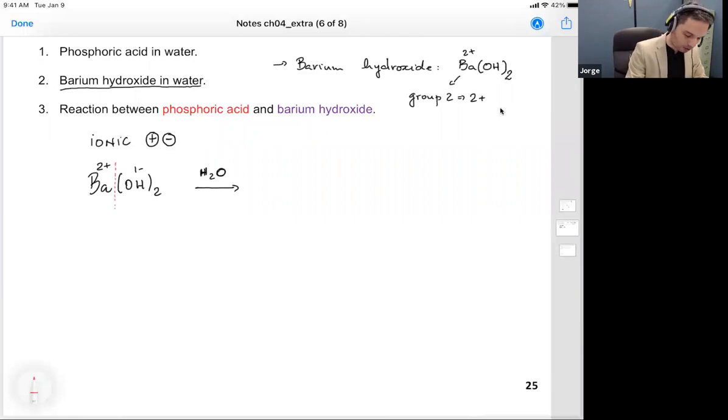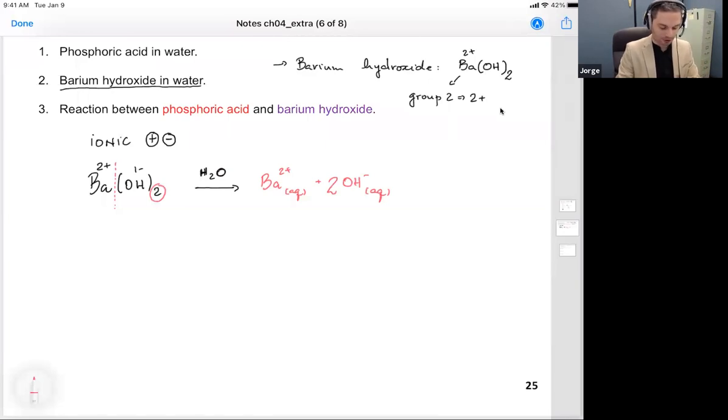So that will produce barium 2 plus dissolved in water and hydroxyl ions dissolved in water. Attention here. If we have two hydroxyls before, we have to have two hydroxyls after.